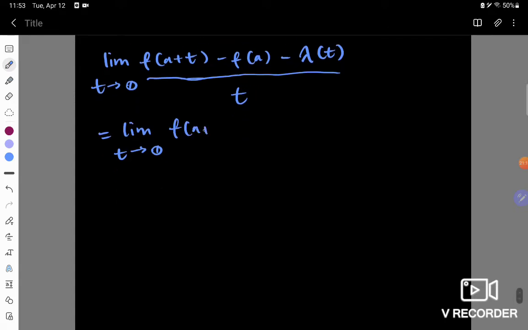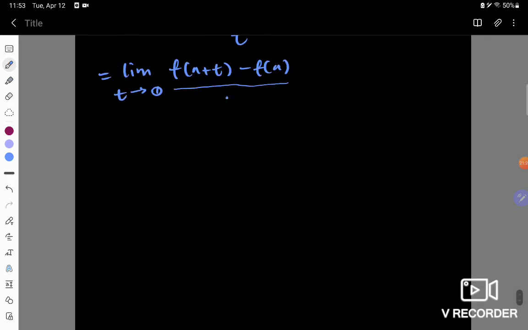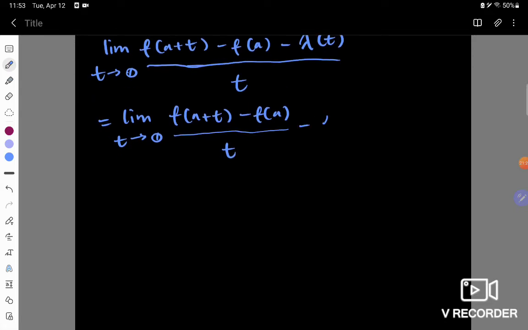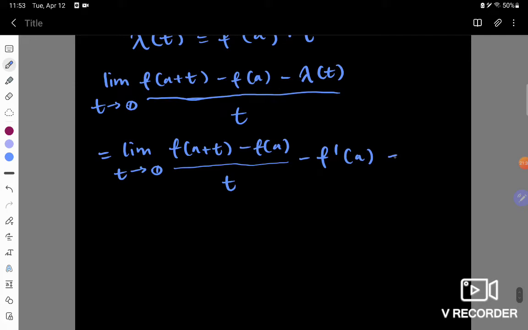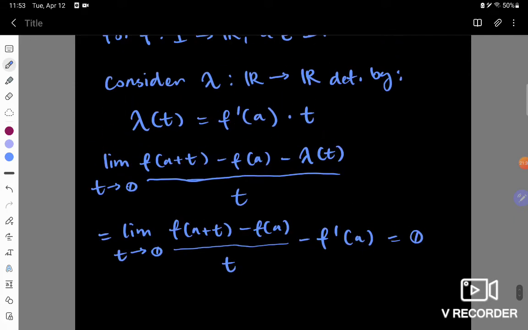So f of a plus t minus f of a, over t, minus f prime of a. And this is going to equal 0, right?